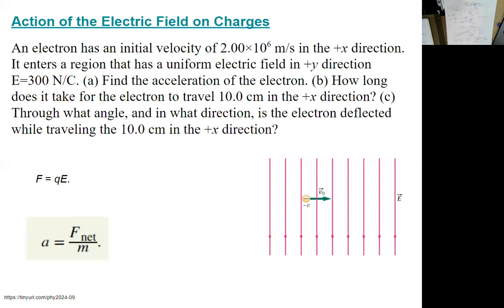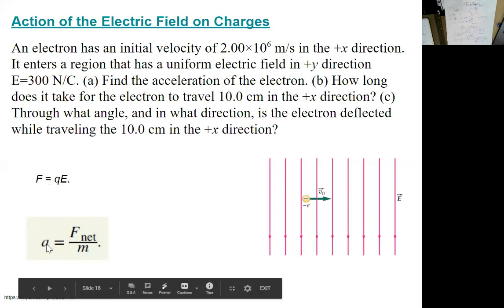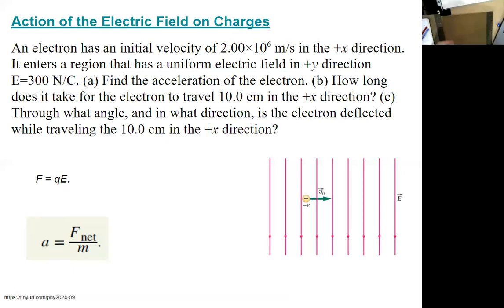For the electron, it's 1.6 times 10 to the negative 19 coulombs. If you can figure out the force, then you can calculate the acceleration. Also, the mass of the electron is not given. So there are two pieces of information not directly given, but those are fundamental numbers you can look up.